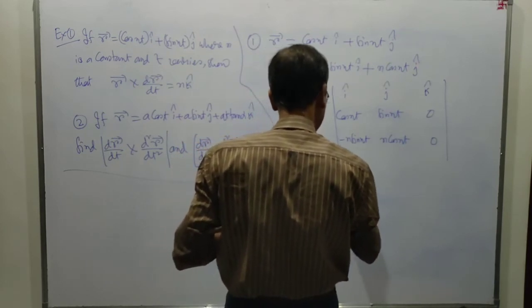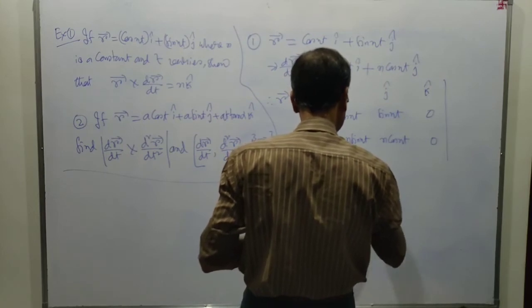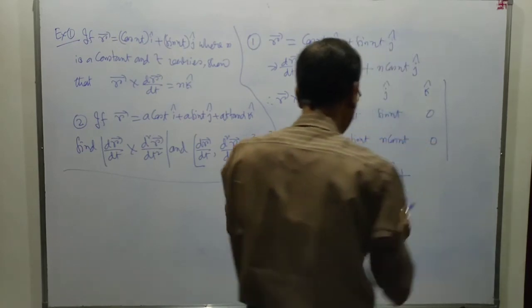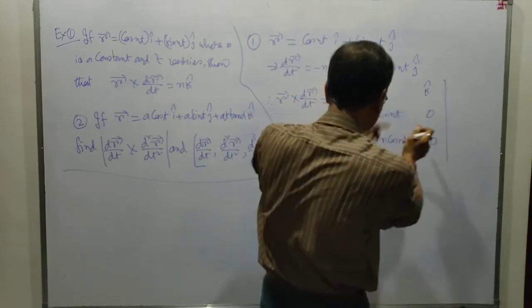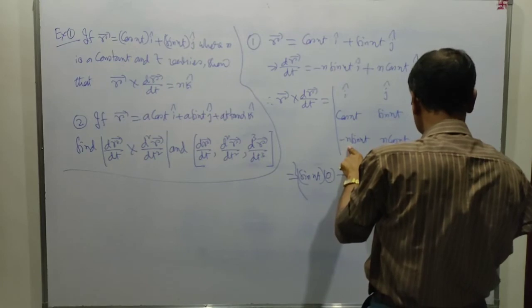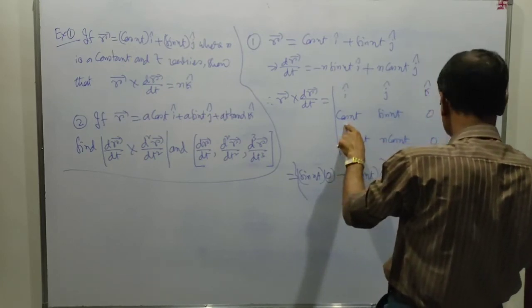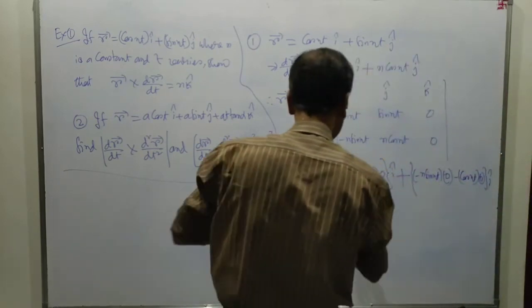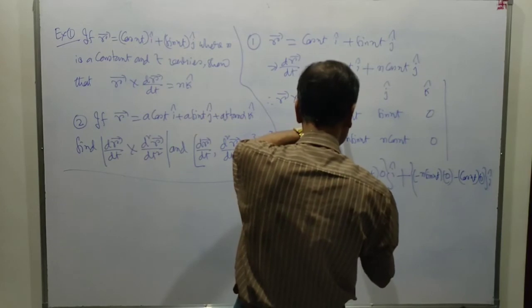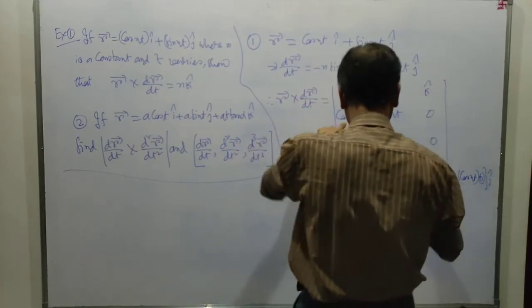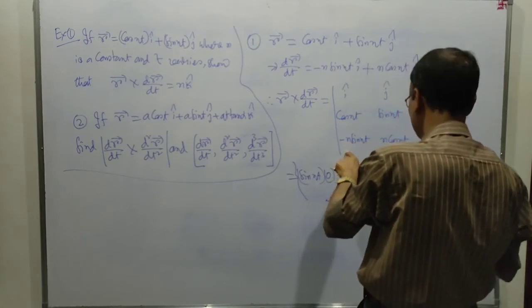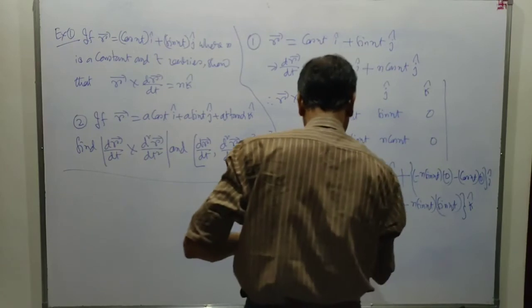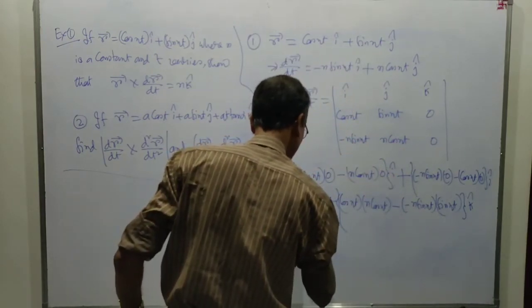For i cap, sin nt times 0 minus n cos nt times 0; for j cap, minus n sin nt times 0 minus cos nt times 0; this is equal to 0 i cap plus 0 j cap.